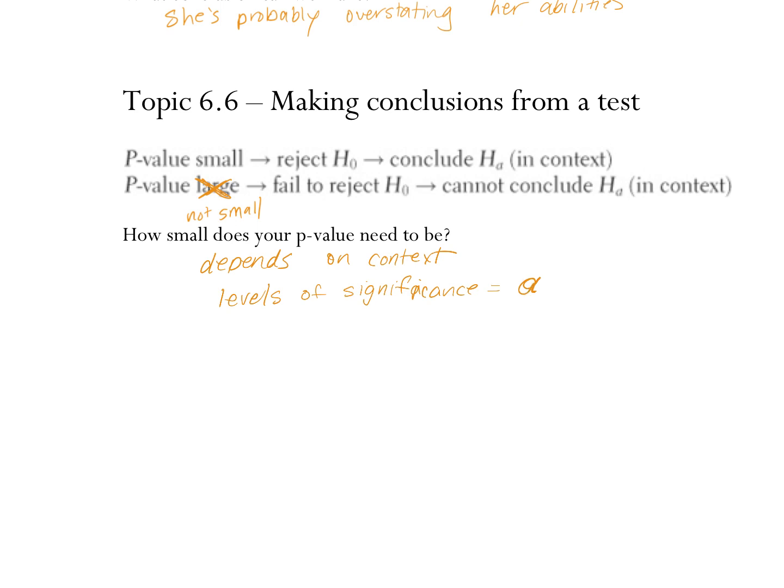Okay? And there are 3 commonly used values for how significant our sample needs to be. They are 0.10, 0.05, and 0.01. This is why I find you people hilarious.